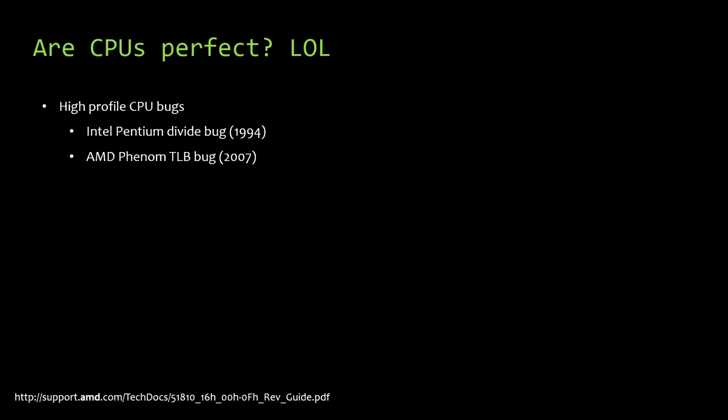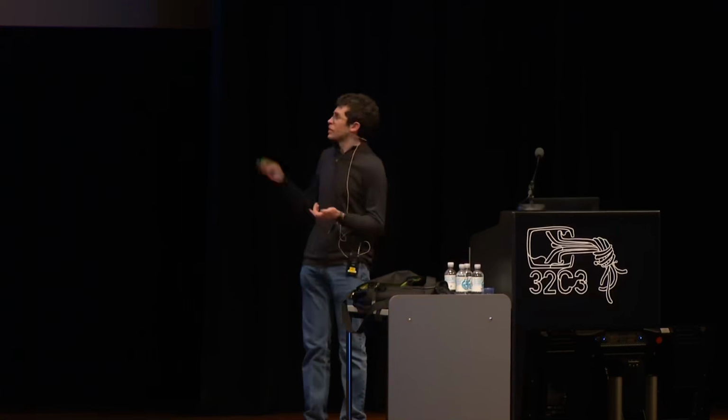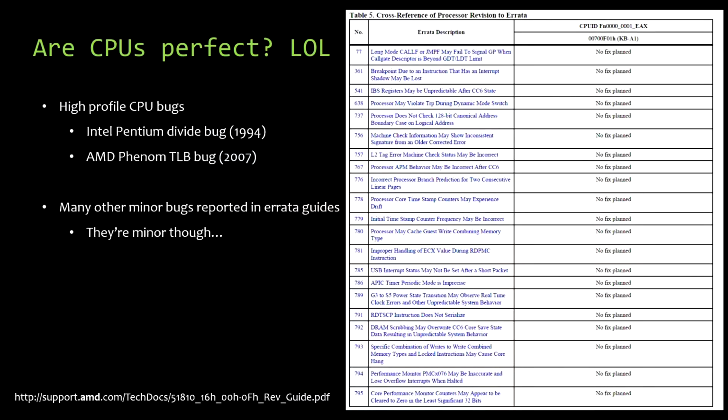Well, obviously not. I'm sure many of you are familiar with some of the infamous CPU bugs there have been. The Pentium divide bug in the 90s. There was an AMD TLB bug in 2007. But there's a lot more than that. In fact, if you open up the errata guide for a modern CPU, you'll see something like this, and if you're in the back, that says no fix planned on the right side there.